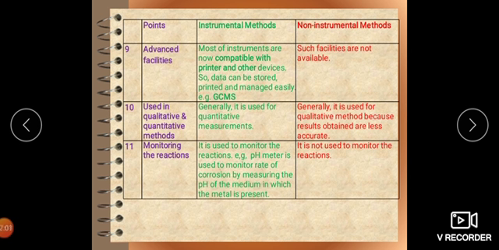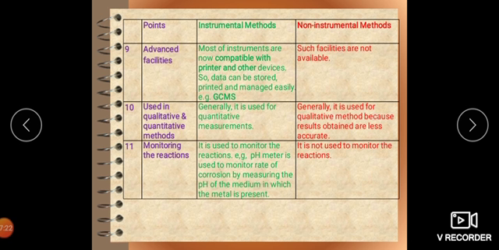And instrumental methods can be used to monitor the reactions. Example, there is one instrument called a pH meter. The pH meter can be used to monitor the rate of corrosion by measuring the pH of the medium in which the metal is present.